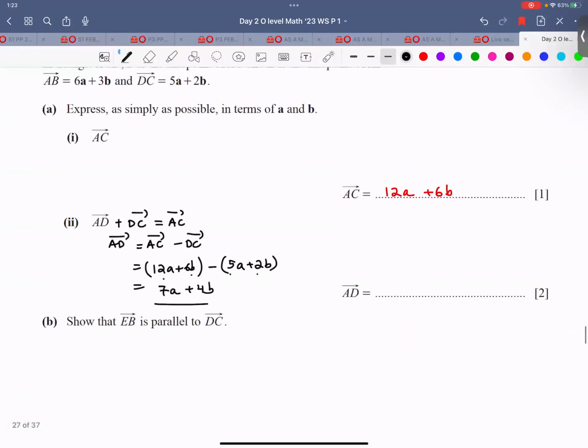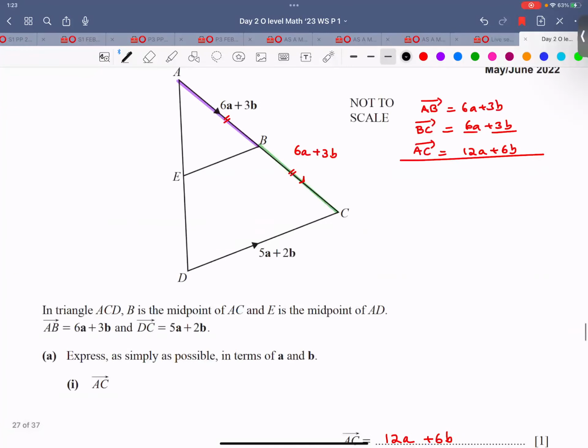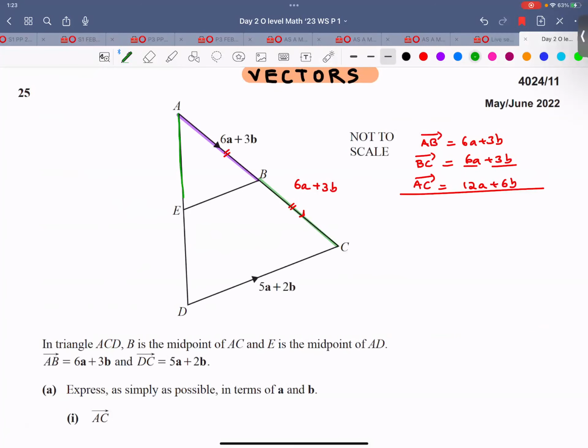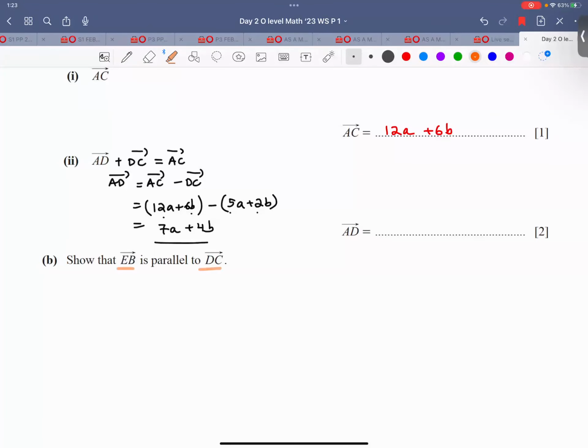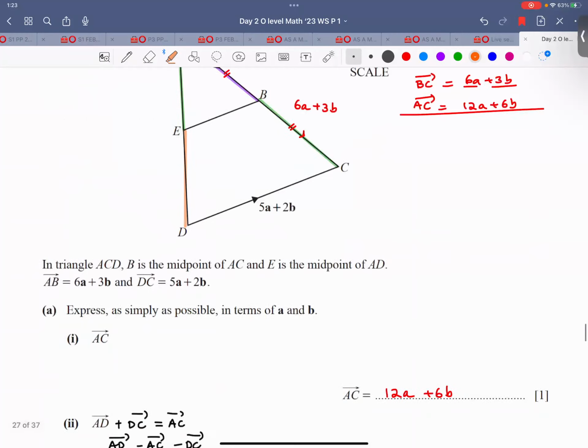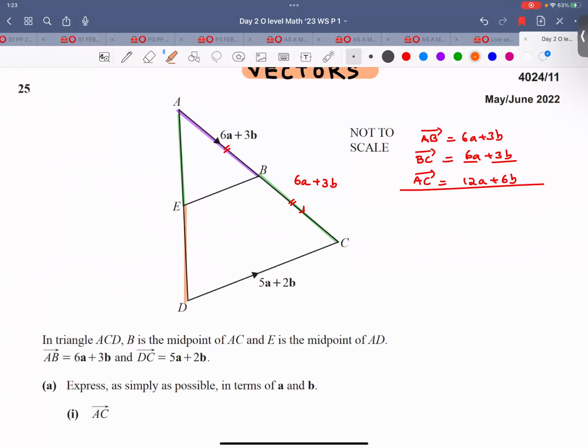Now let me draw this whole thing in one line with a green marker. So now this is known. Let me mark it in 2 steps. This is one thing, and this orange one is the other thing. Now the question says, show that EB is parallel to DC. Now this is DC over here, and I need to find EB. First of all, let me draw one more arrow this way.